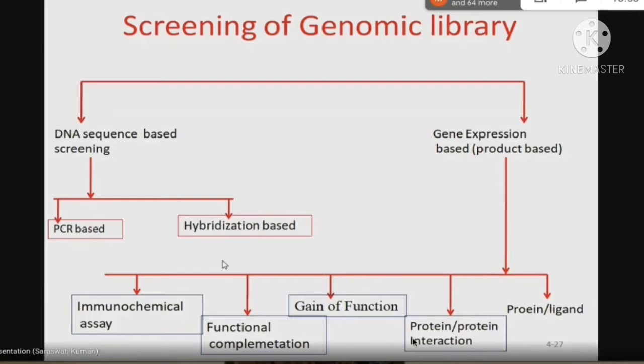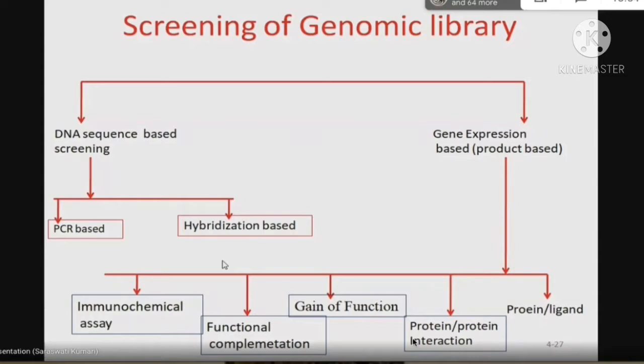Suppose one person doesn't have an eye, and we prepare a genomic library. Suppose the presence of an eye is due to the presence of some gene, or some gene is controlling the presence of the eye.